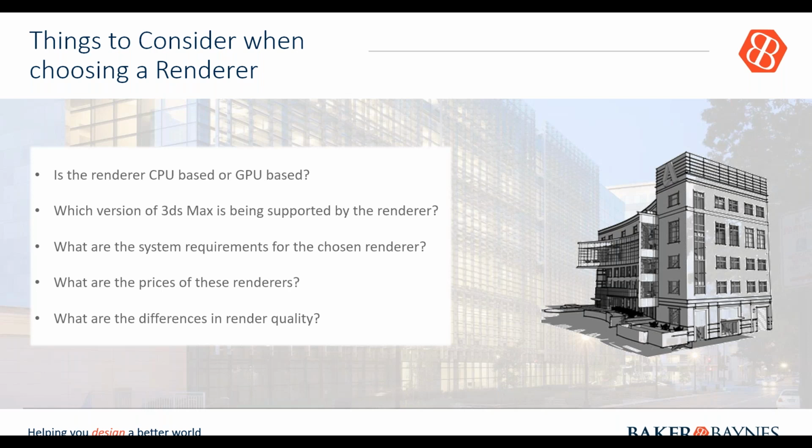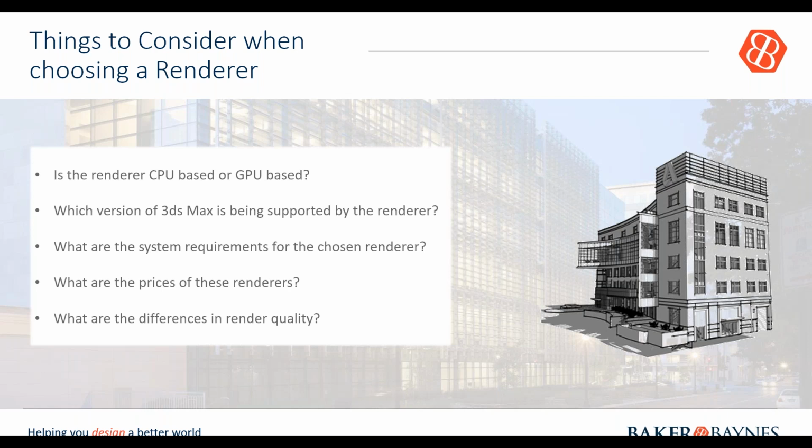Check all of those things before upgrading your projects and programs. It's not a necessity to always upgrade the software to the latest version. If you prefer 2018 to 2017 or 2019, it's no problem to be using that. What are the system requirements for the chosen renderer?